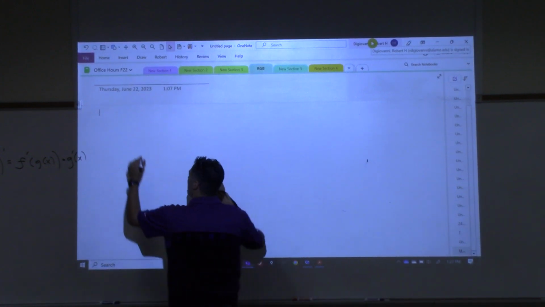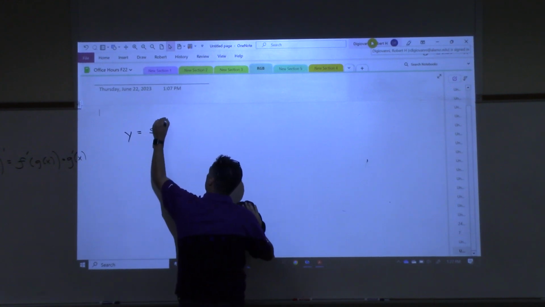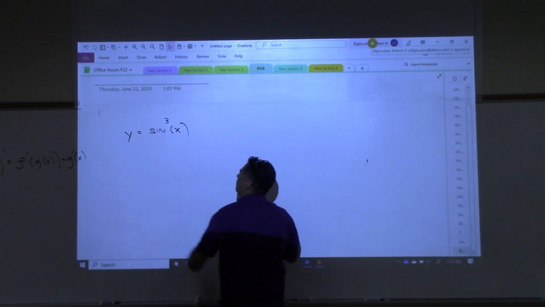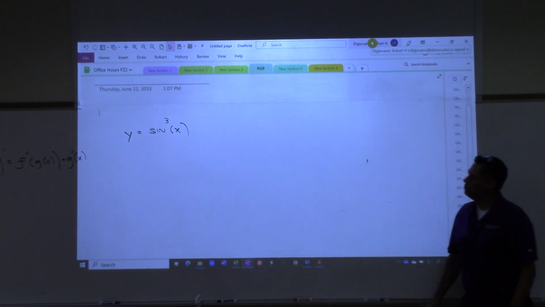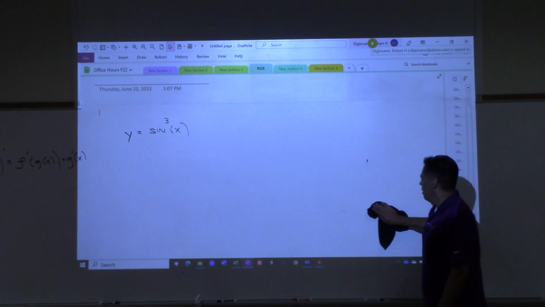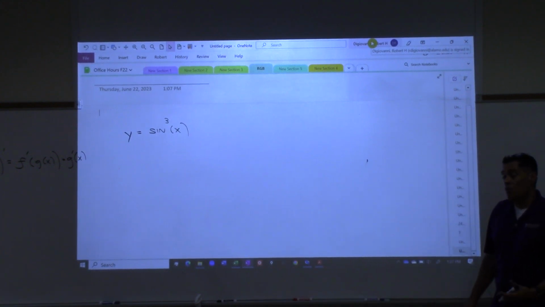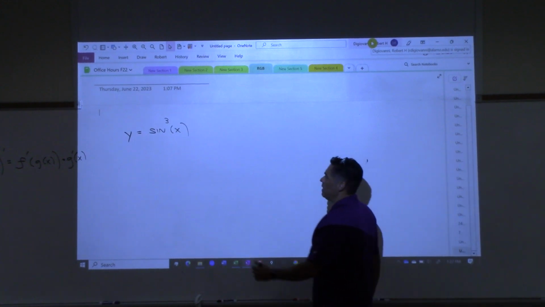Let's stick with sine. Let's do another one. Okay, y is equal to sine cubed x. The first thing you have to know is what that notation means.